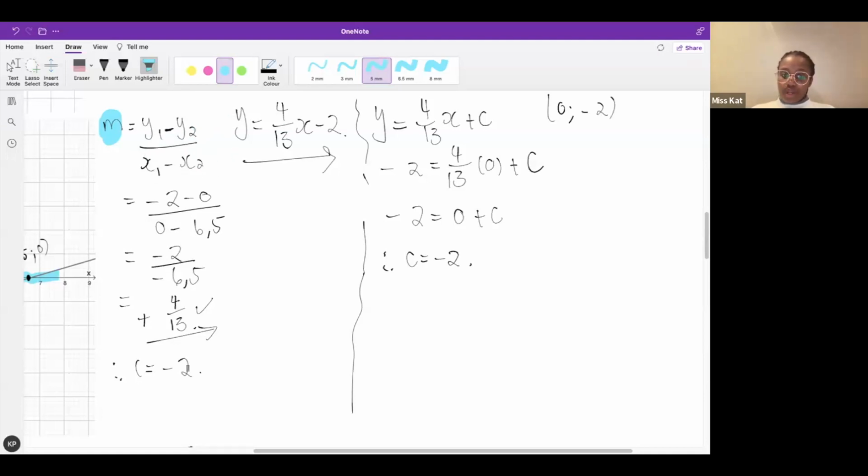And then we did a whole calculation. If you wanted to leave it here, you could have said 2 over 6.5. That is the same thing, they're equivalent fractions. But if you use the calculator, you probably got a decimal answer, and that is correct. Just make sure you round off properly.